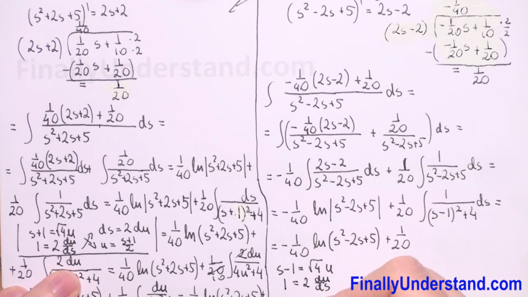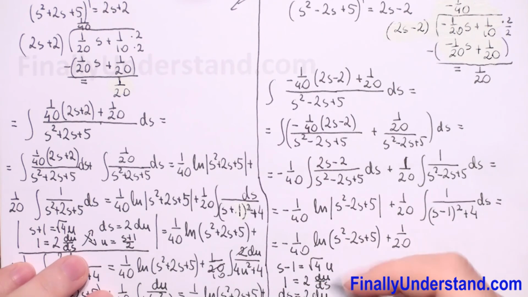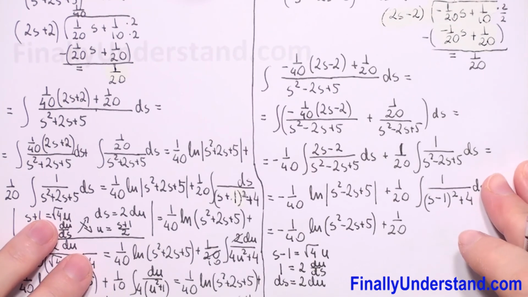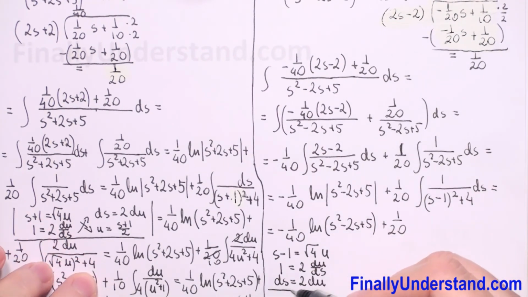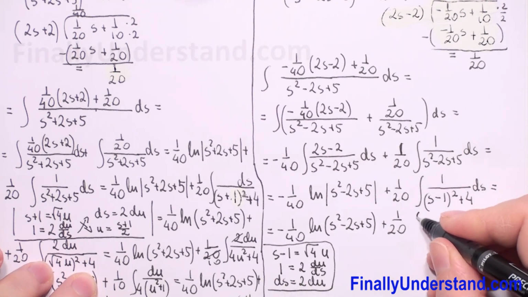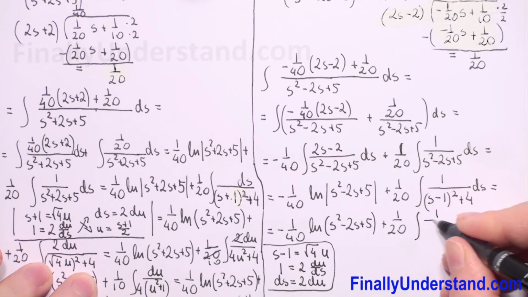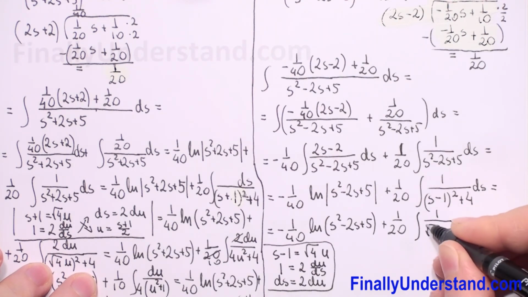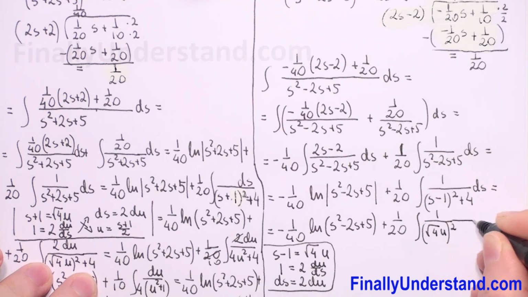So we have that ds is equal to the square root of 4 du. So we have now the integral of 1 over (square root of 4 u) to the second power plus 4, with respect to s.